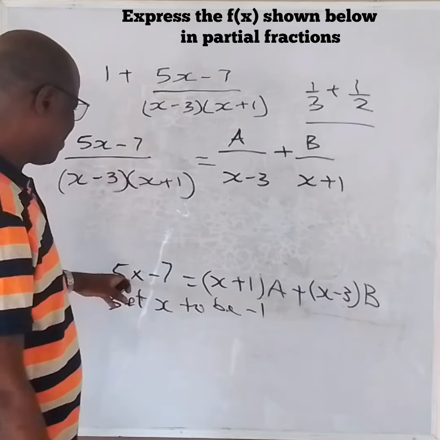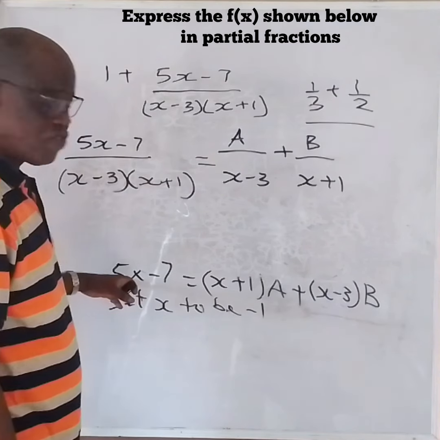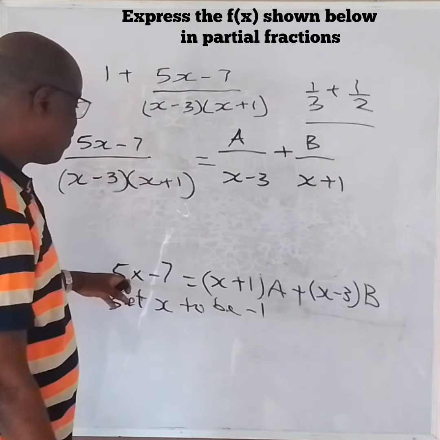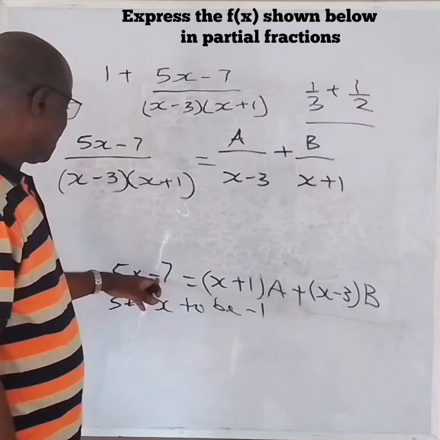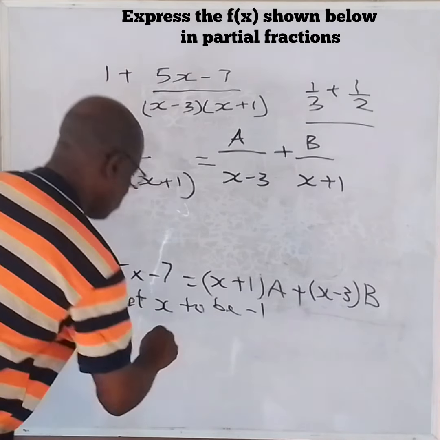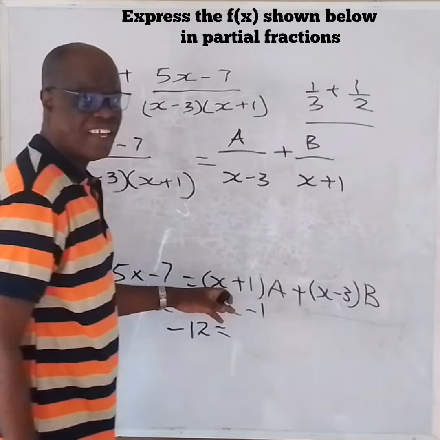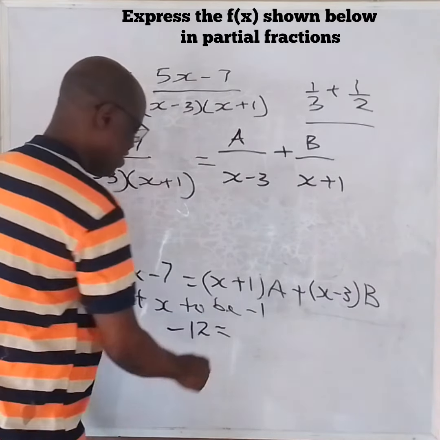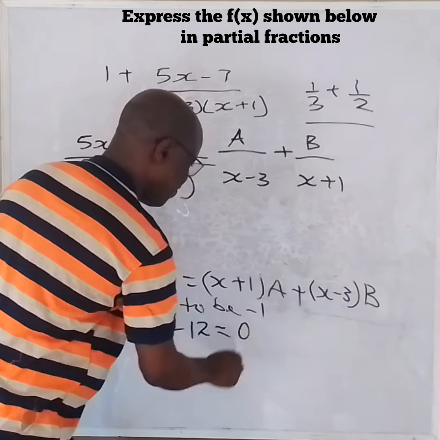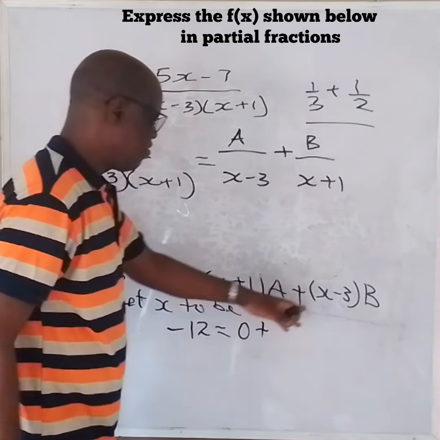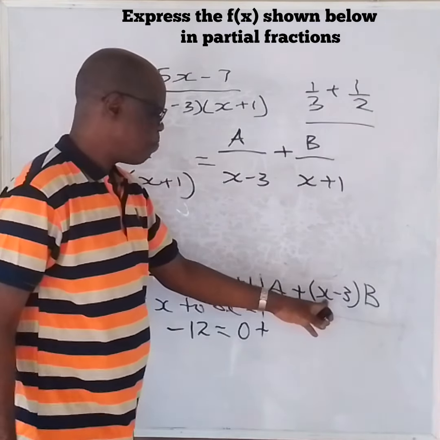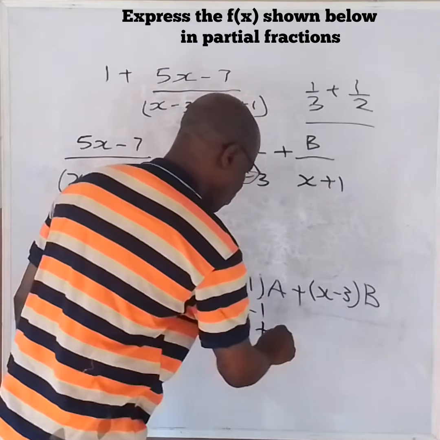Minus 1 times 5, that's minus 5. Minus 5 minus 7, that's minus 12. So if we put minus 1 here, it will be 0 times A, 0. So then you have 0 plus, put minus 1 here, minus 1 minus 3, minus 4.